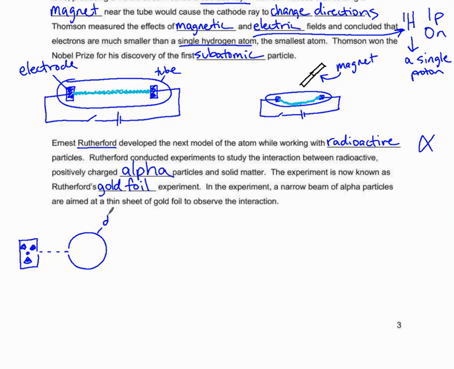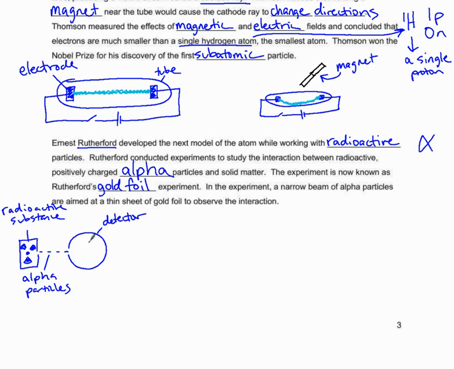So we labeled it here. Radioactive substance, here's the detector, here's the alpha particles in a beam.